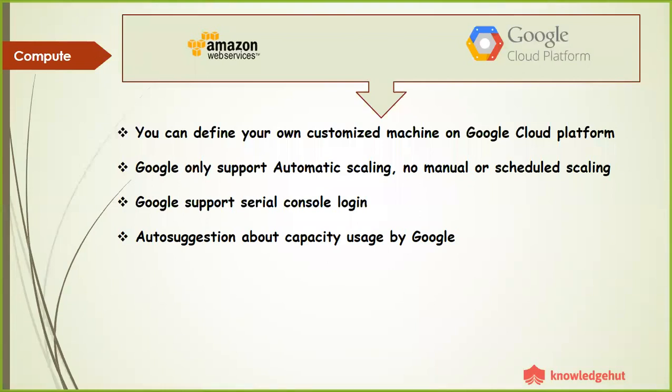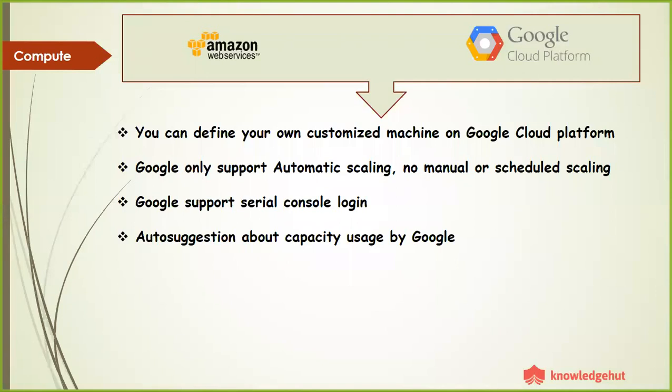And Google also has this auto suggestion about capacity usage. Like if you have created a server with 10 gig of RAM with X number of CPUs, and if you are not using them fully, then Google will suggest that you are not using your server completely, so let's downgrade it.